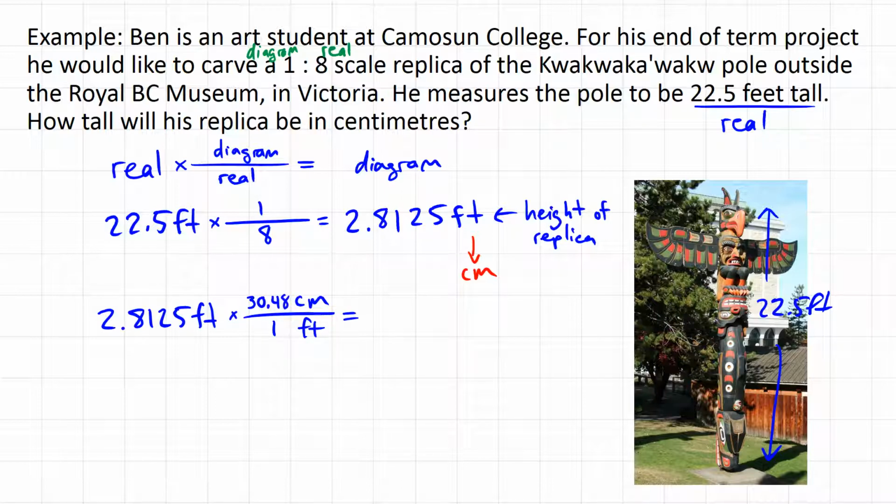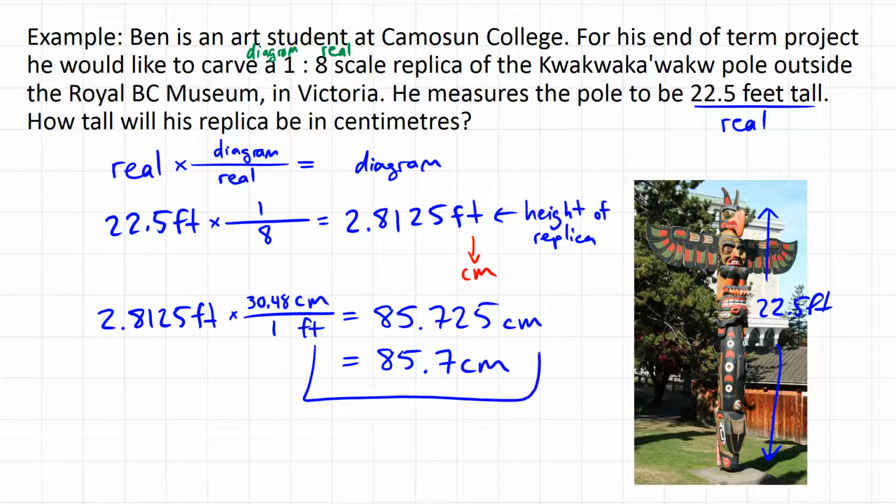So 2.8125 times 30.48, and I'm going to use all the decimals, is 85.725 centimeters. If we want to round for Ben's case, that's going to be 85.7 centimeters, or you could round it to 86 centimeters. That would be reasonable too.